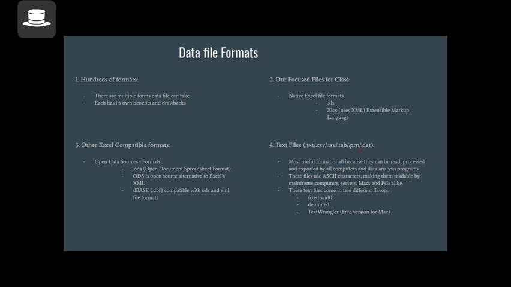So you can read it on mainframes, servers, Macs, PCs, Linux, whatnot. Just keep in mind, text files are the most versatile kind of file formats, and they usually come in .txt, .csv, .tsv, and .tab, and so on.